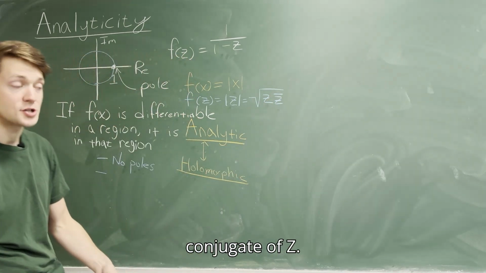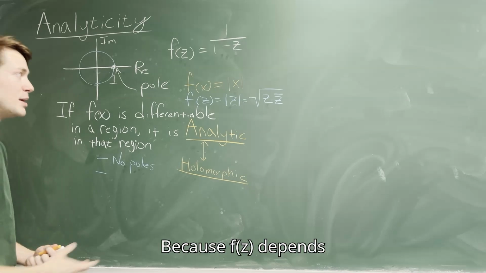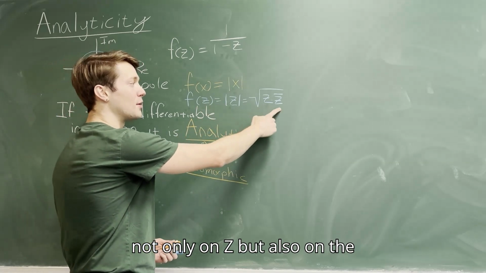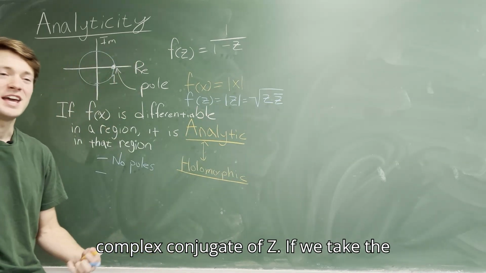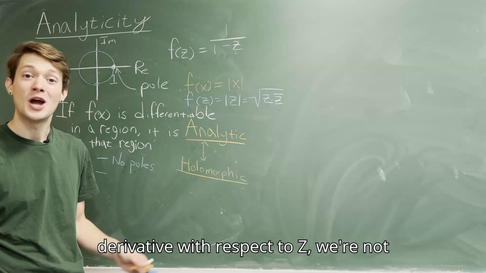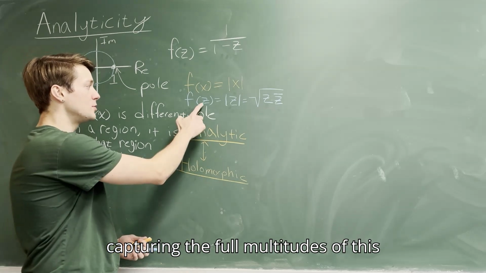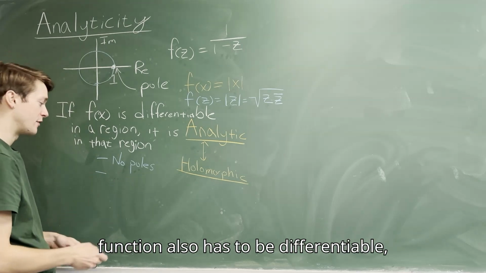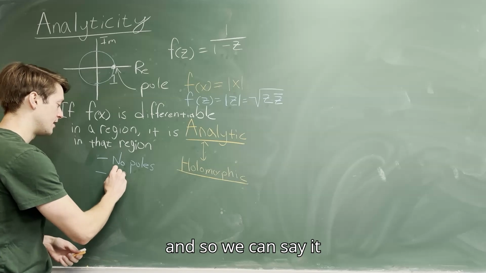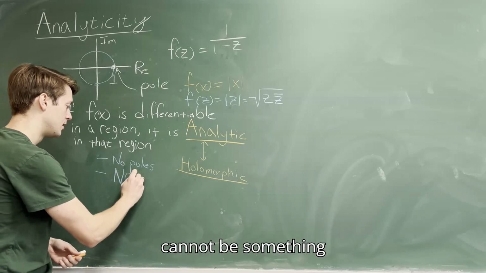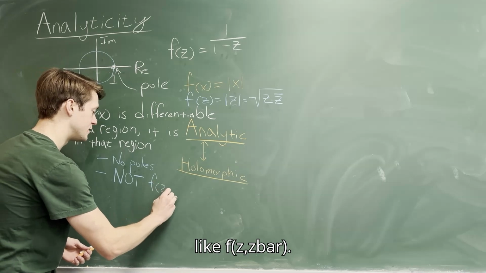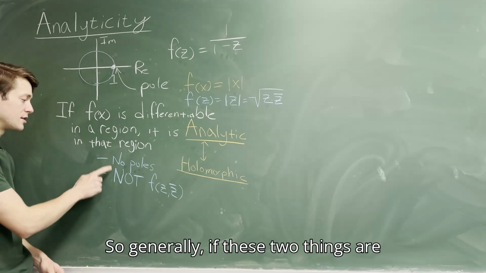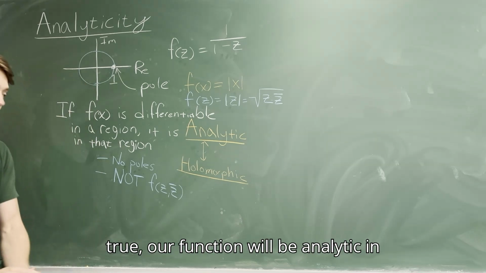Z and the complex conjugate of z. Because f of z depends not only on z, but also on the complex conjugate of z, if we take the derivative with respect to z, we're not capturing the full multitudes of this equation. So, our function also has to be differentiable, and so we can say it cannot be something like f of z bar. So, generally, if these two things are true, our function will be analytic in that region.